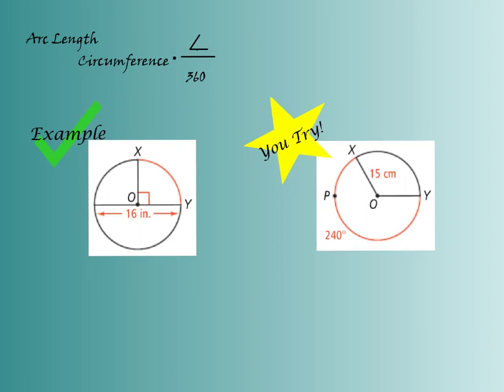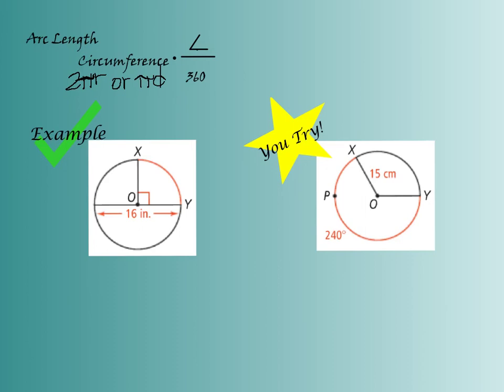Alright, well, we have the formula for arc length above here. We're going to find the circumference of our circle, and in our example here, circumference, remember, can either be found by 2 pi r or by pi d. And d stands for diameter.